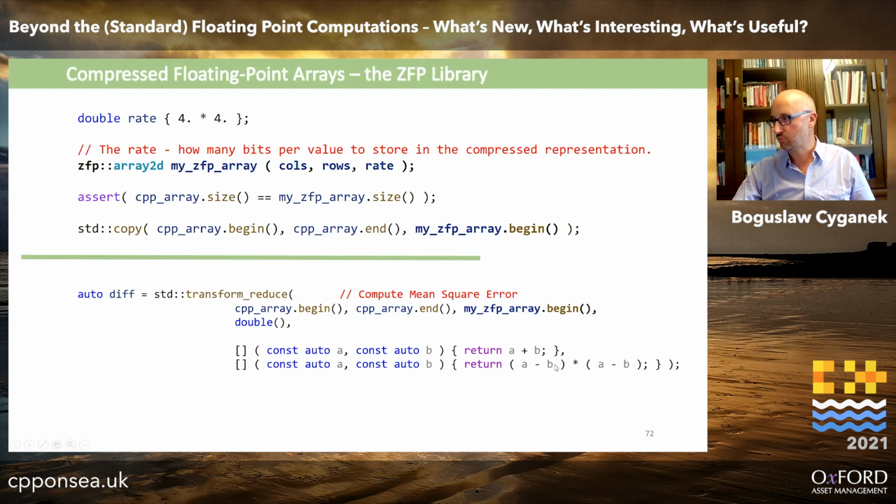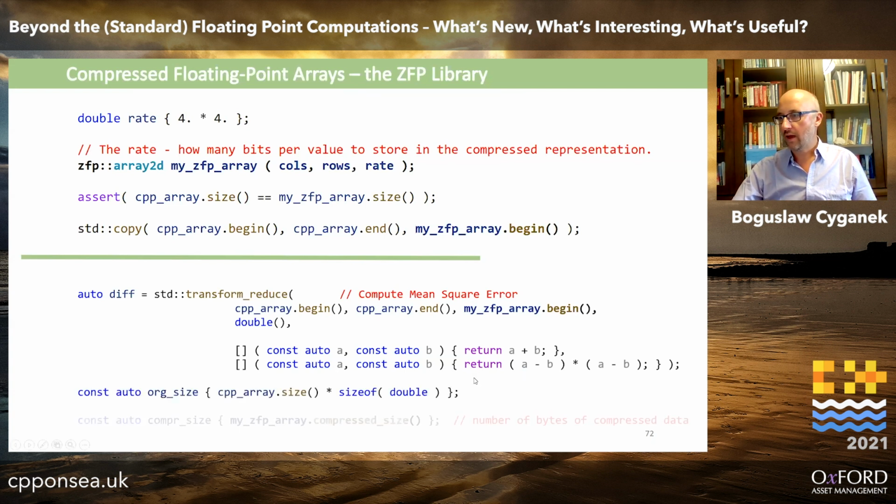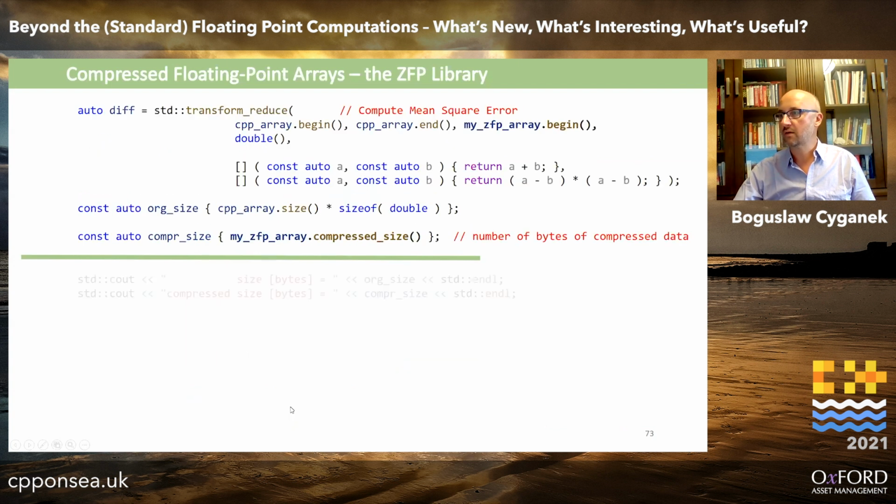So on each step we compute the square of the differences of each element. Then the squares are added, and finally we can compare the size of the original in bytes and of this array.